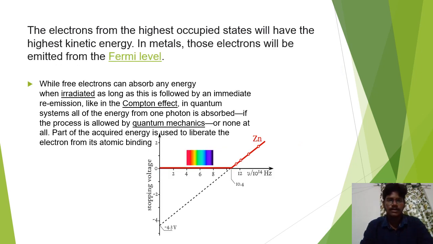The electrons from the highest occupied states will have the highest kinetic energy. In metals, those electrons will be emitted from the Fermi level. In atoms, there are three levels: one is the ground state, another is the Fermi level, and the last is the excited state. Here, the Fermi level is in between the ground state and excited state.